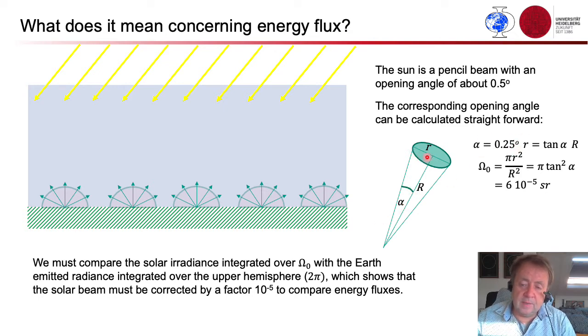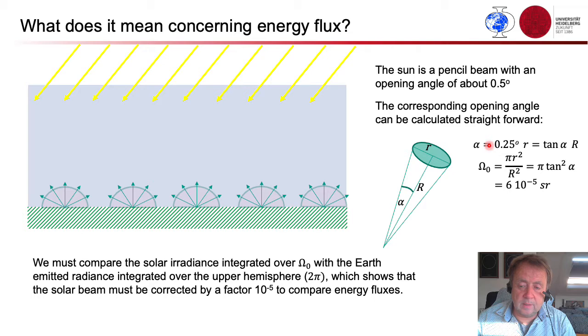We can calculate the radius of the disk simply by geometry. That's the tangent of half of the opening angle alpha times the distance between the Earth or the observer and the sun.